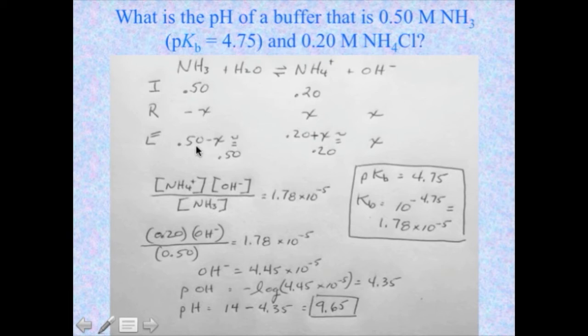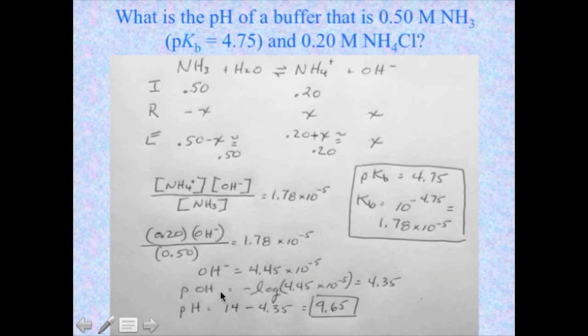And then at equilibrium, 0.5 minus X, just about equal to 0.5 because Kb is such a small number. Likewise, 0.2 plus X, and we say it's approximately 0.20, the same as the initial amount for the ammonium ion, and X then for the hydroxide. We write our mass action equation. We plug in the 0.2 for ammonium ion and 0.5 for the ammonia, and we solve for hydroxide, 4.45 times 10 to the minus 5.